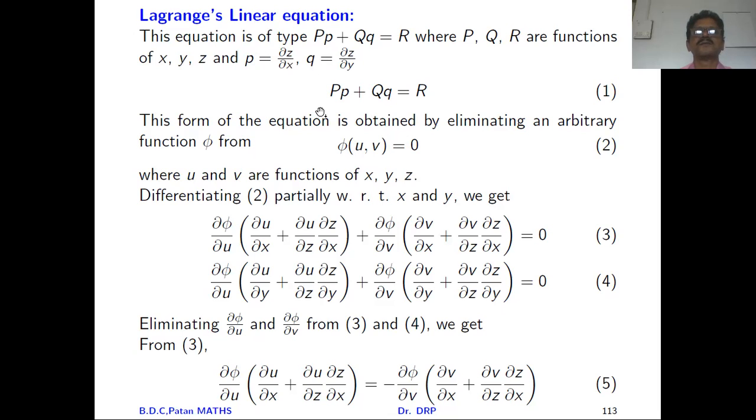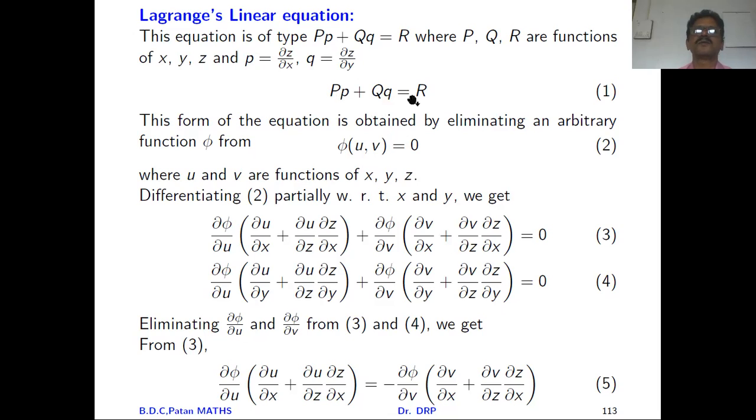And further, only Lagrange's equation, that is of the type Pp + Qq = R, is the linear differential equation of first order and first degree. The rest of the equations are non-linear.